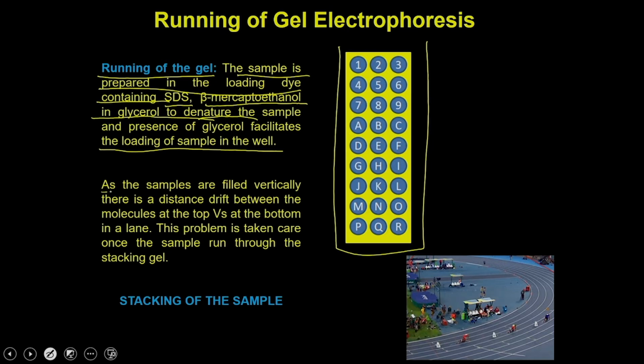Since all the samples are loaded vertically, there is a distance drift between the molecule at the top versus the molecule at the bottom in a lane.